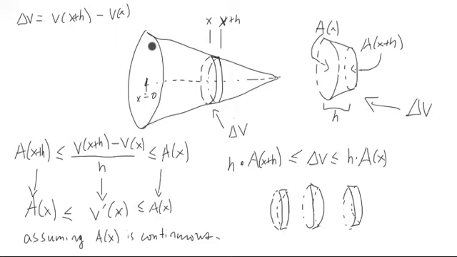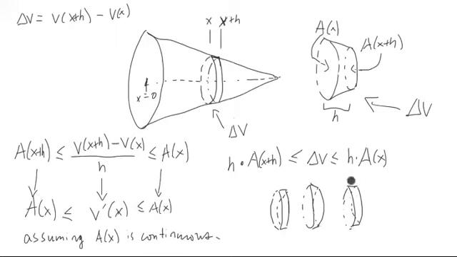Change of volume could be thought of as V of x plus h minus V of x. So the volume to this point minus the volume to that point gets you the volume of this little section. Now this change of volume is actually situated between two different volumes. Namely, this cross-sectional area is bigger. What if I were to take this cross-sectional area and just multiply it by h? That'd be like taking the volume of a cylinder, where it's base times height.